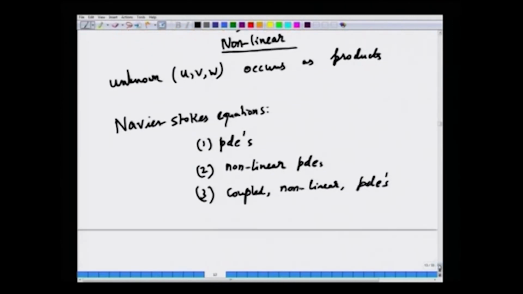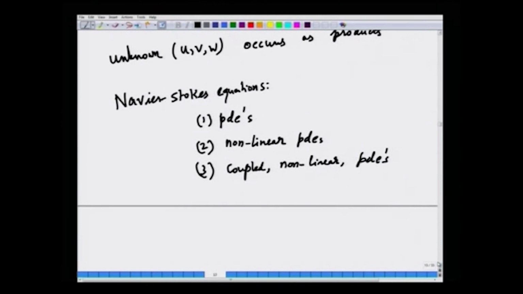So, they are not in general very easy to solve, because in mathematics there are well developed techniques for solving linear partial differential equations such as separation of variables, but when you go to the realm of non-linear partial differential equations, there are no straightforward methodologies to solve them.